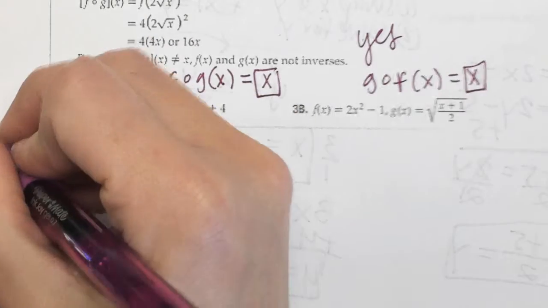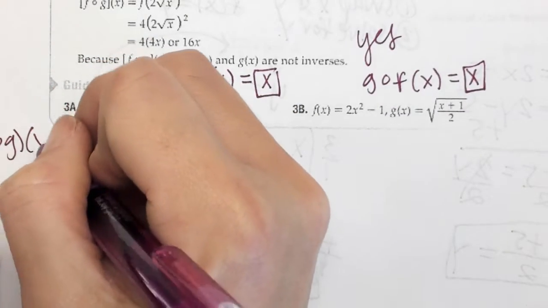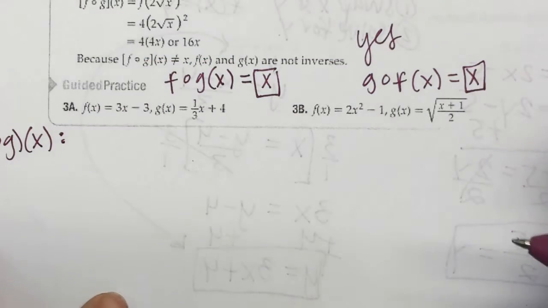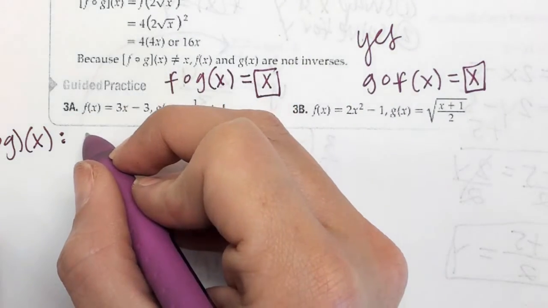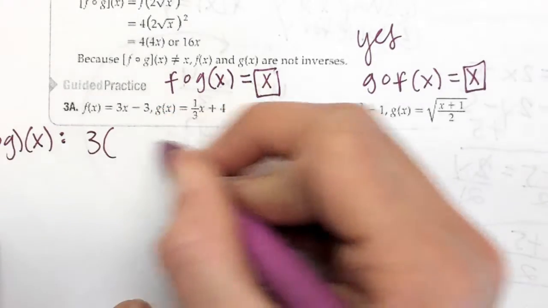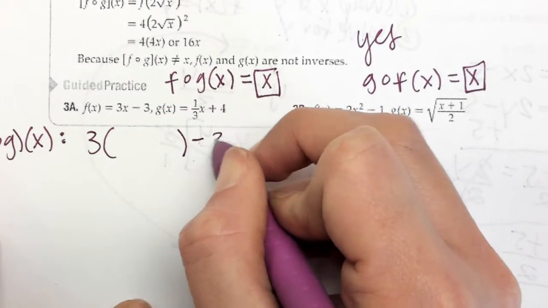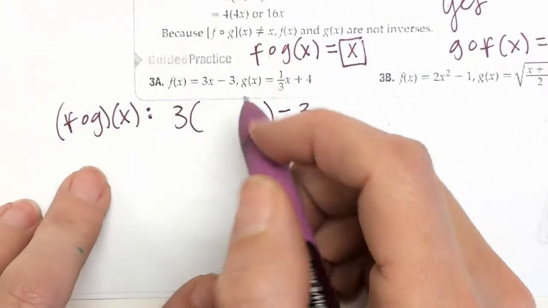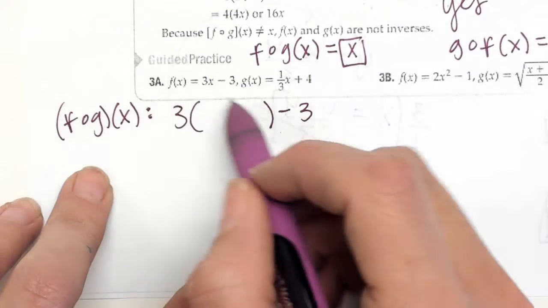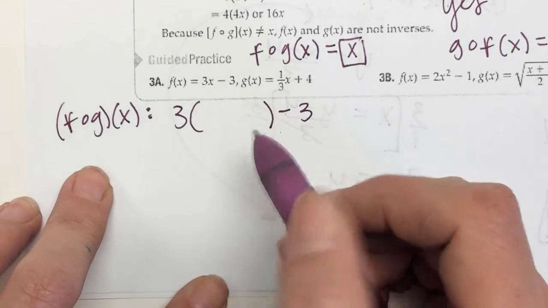Alright, let's start with f of g of x. Which one am I rewriting? F. Good. And tell me how to rewrite that. 3 parentheses minus 3. Good. This will help you with your checkpoint, I promise. You rewrite the first function, f. What am I going to put in parentheses?